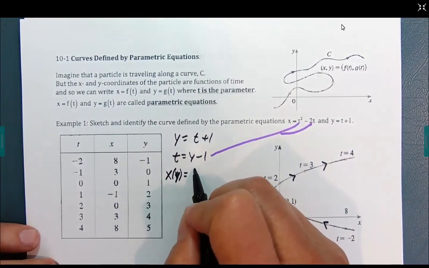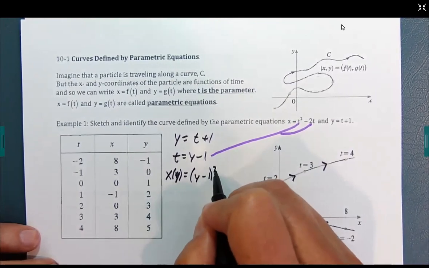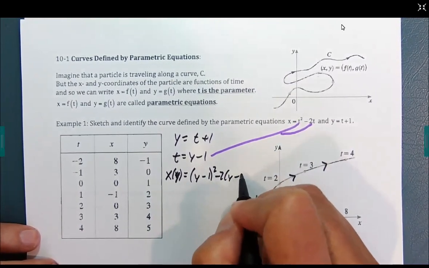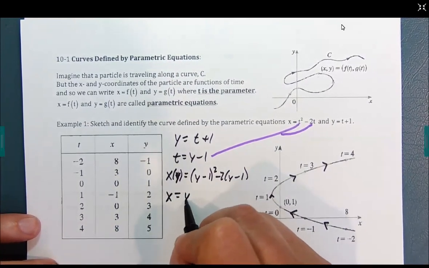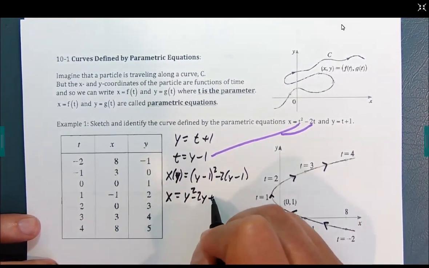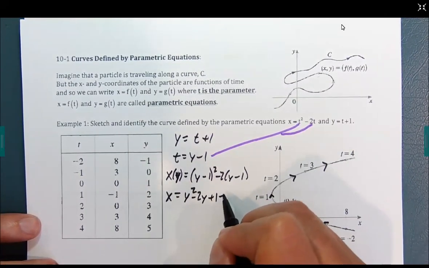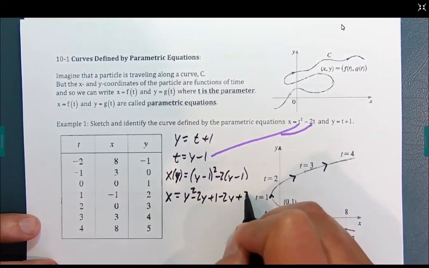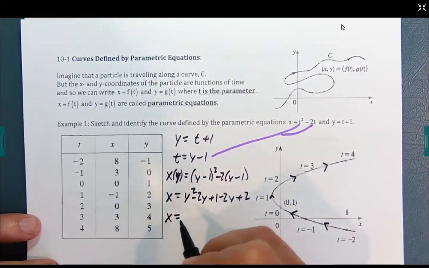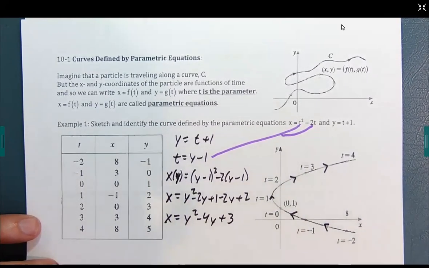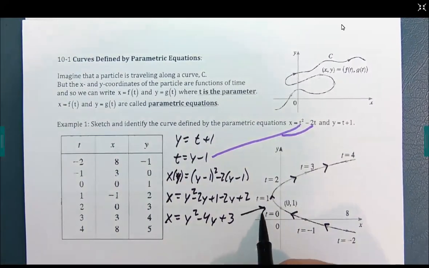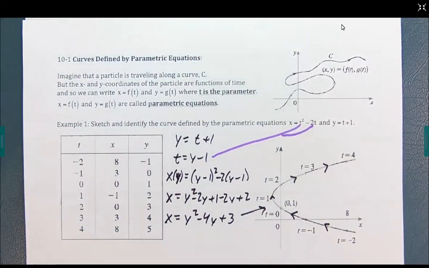That's going to give us y minus 1 squared minus 2 times y minus 1. Let's clean that up a little bit. So x is going to equal y squared minus 2y plus 1 minus 2y plus 2. And here is this curve, a sideways parabola.